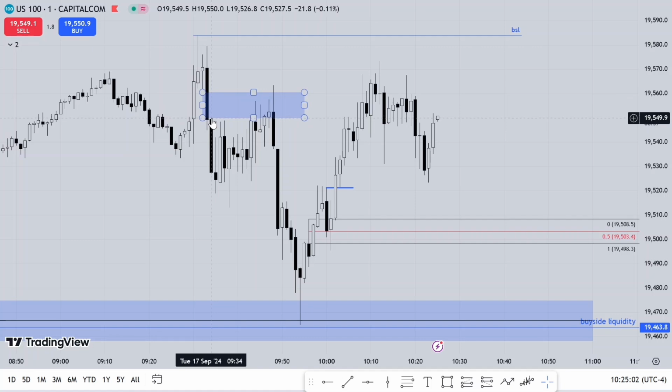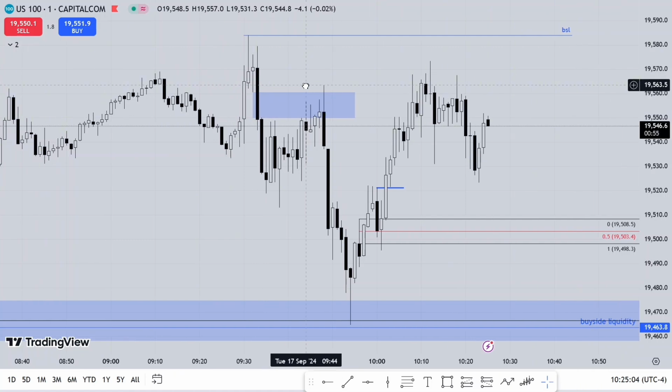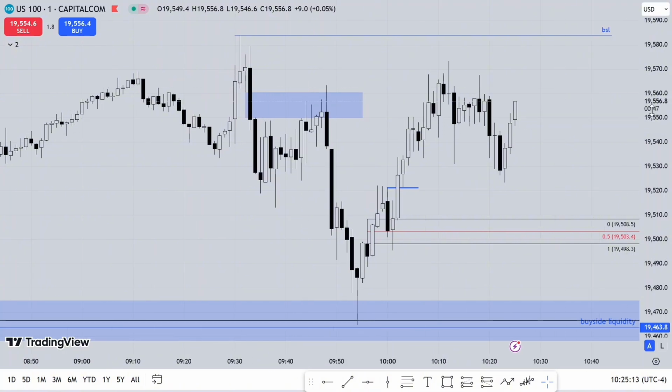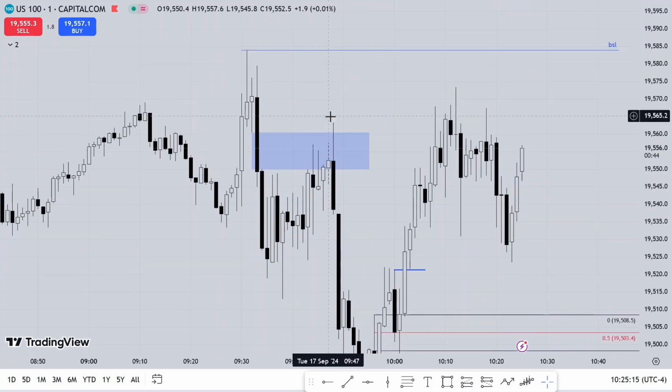you can label this imbalance like this fair value gap like this, and then you only indicate the high and low of this imbalance. But when you're a junkie for precision, you are obsessed with the idea of having a precise entry. You will now want to start considering other PDRAs like this long wick candle on your own.